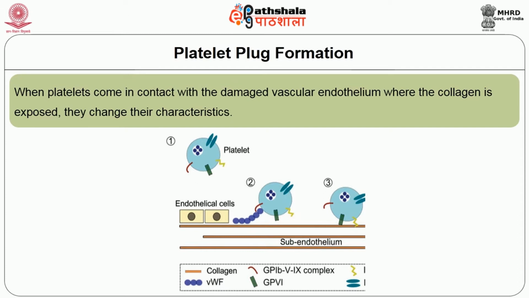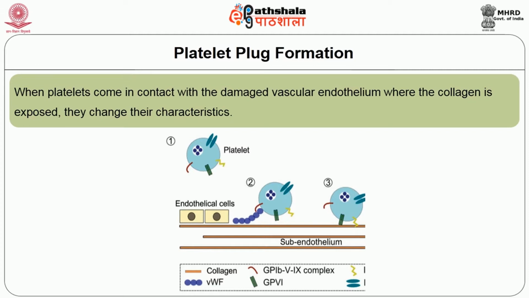Now, the contractile proteins which are present within the platelets, which I already told you, they will contract and they will release various active factors. So now when these active factors are released, the platelets become sticky and they attach to the collagen which is exposed in the vessel wall, and they also attach to another factor called von Willebrand factor, which is present on the endothelium.